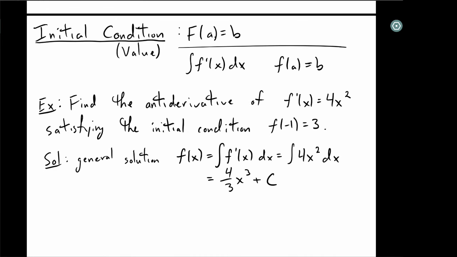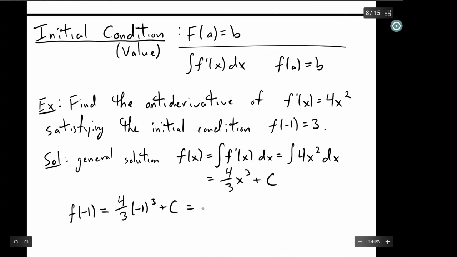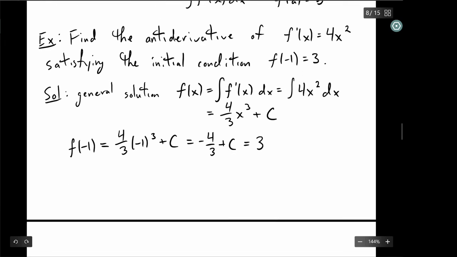Right? So now that we have that, we just plug in these values here. So f of -1, plug that in, we're going to get 4/3 times -1 cubed plus c. So this is -4/3 plus c equals 3. And now we just solve for c.